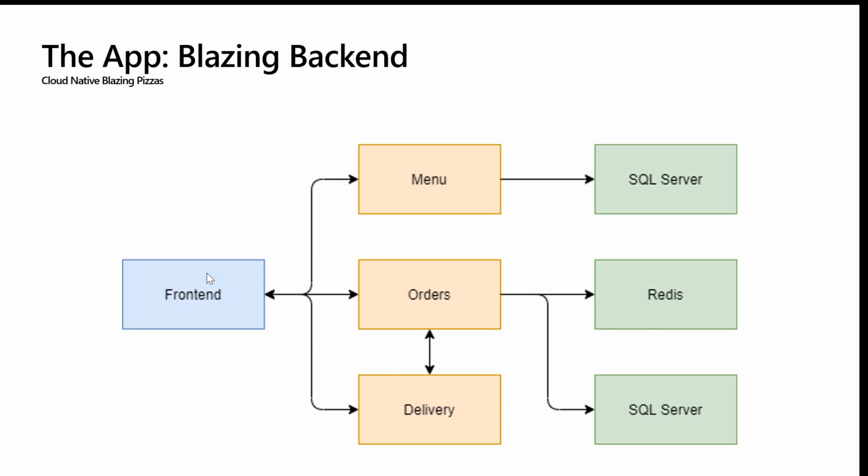It has a front end. This is a more conceptual diagram than a physical one, in that the front end is basically two parts. It's an in-browser Blazor client app and a backend API, and that API then talks via RPC to all these backend components. You have a menu service, an order service, a delivery service, and they all have different data stores. They're all just separate from each other.